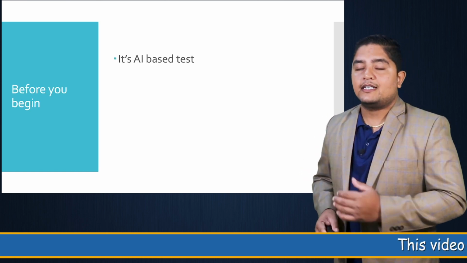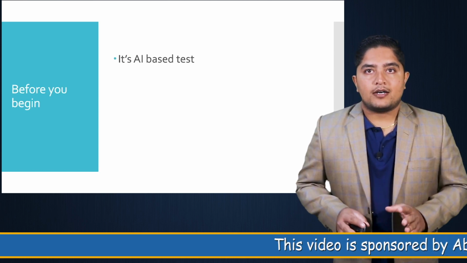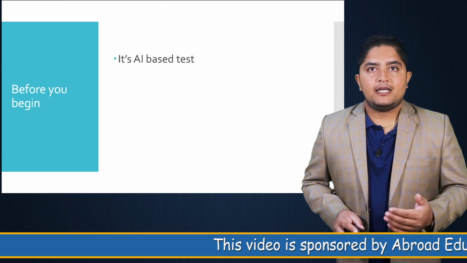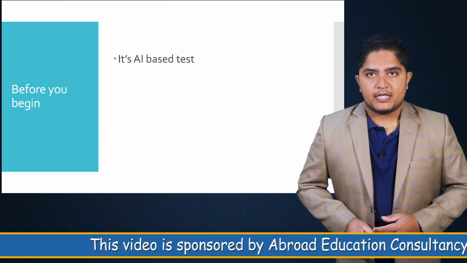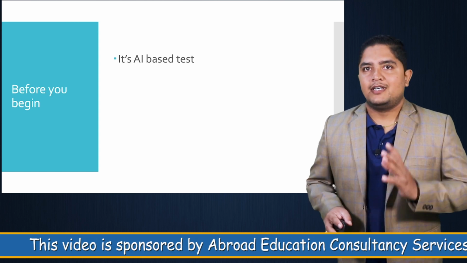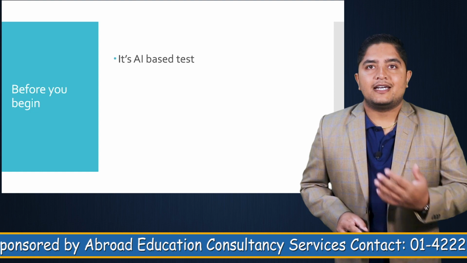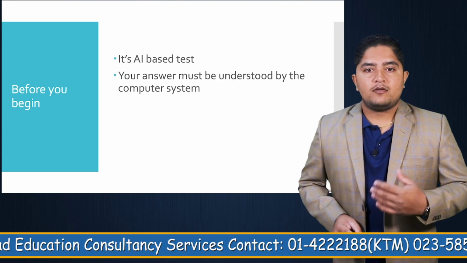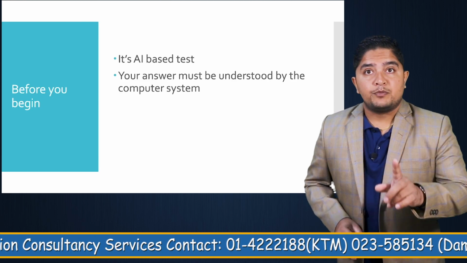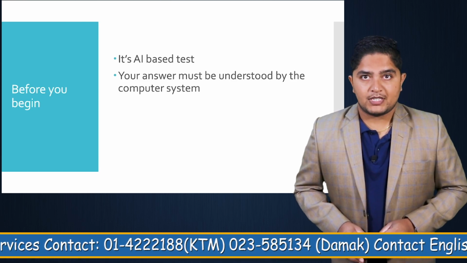The first thing is we have to understand that PTE answers are not evaluated by individuals, or manually. It means you have to face artificial intelligence to get the PTE result. You have to be careful about it, and obviously you have to be sure that your answer is understandable by the computer system.